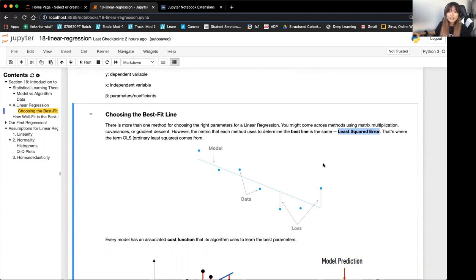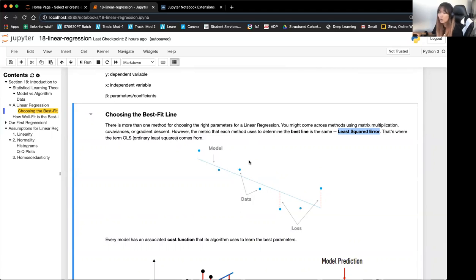Basically, with least squared error, the algorithm will look for the line that creates the least amount of distance between the points and the line. Because there's positive and negative error, you square the error so that it's always positive.